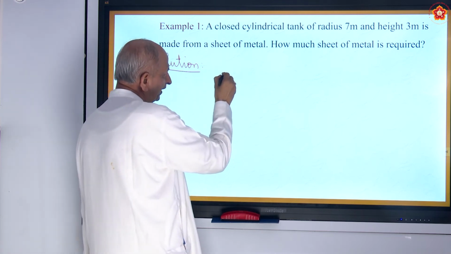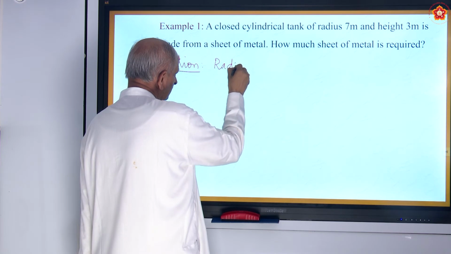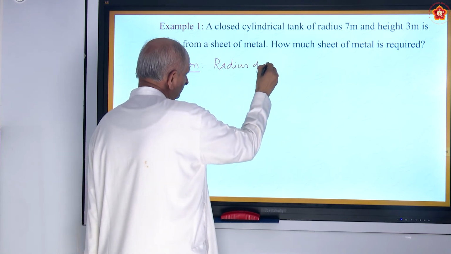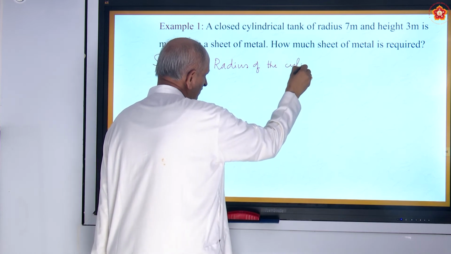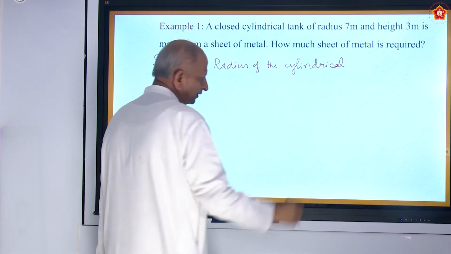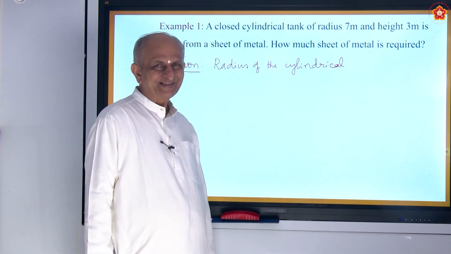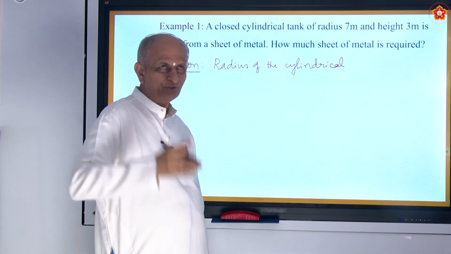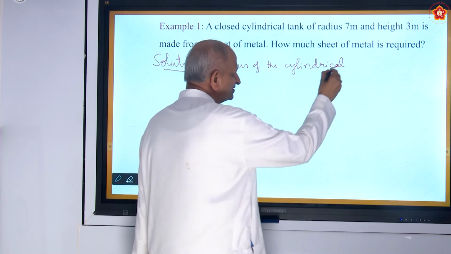You are given a tank of radius, the radius of the cylindrical tank. How many have got a cylindrical tank in your house? Some of you who have solar, there will be a tank compulsory.